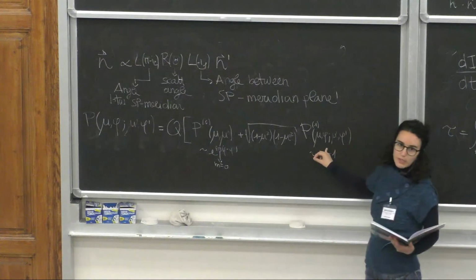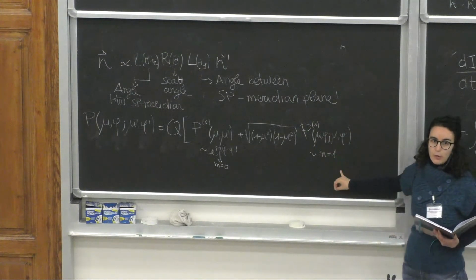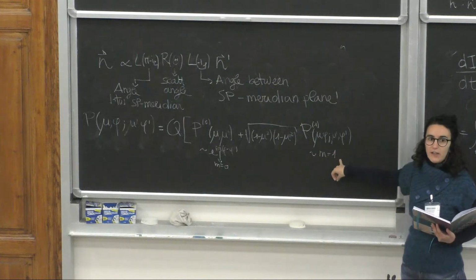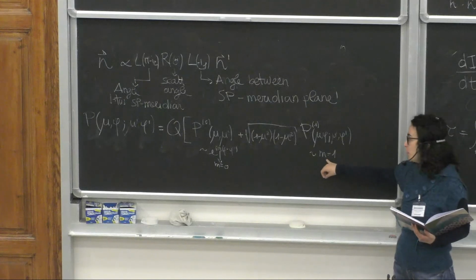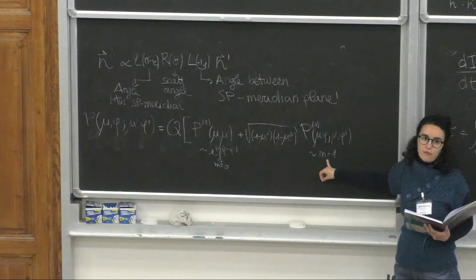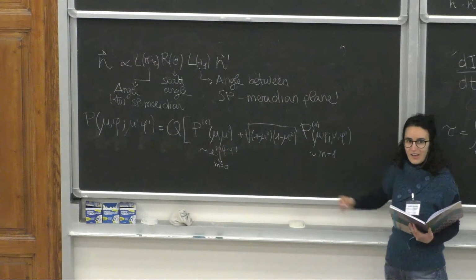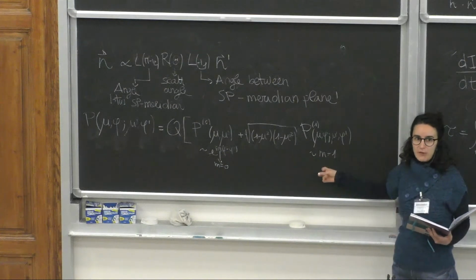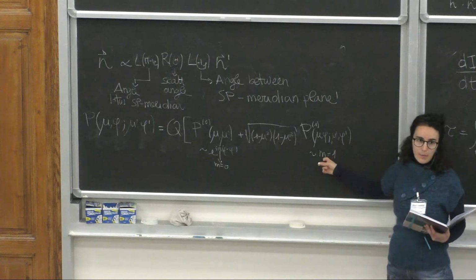So if you were to expand this matrix into m harmonics, which involves the difference phi minus phi prime, you will only retain terms that have m equal to 1. So in fact, it is not a full expansion, but this will just give you one specific term of that expansion with m equal to 1.